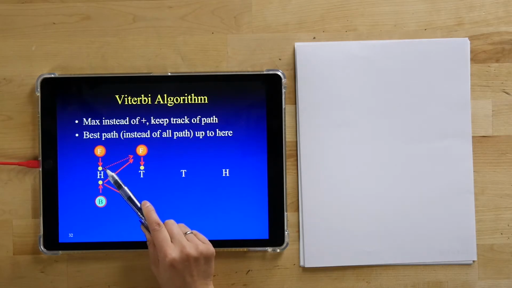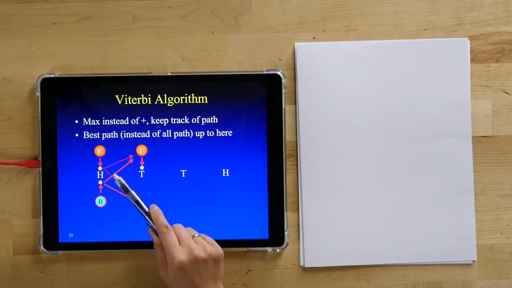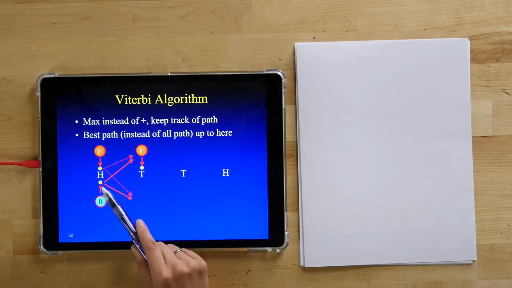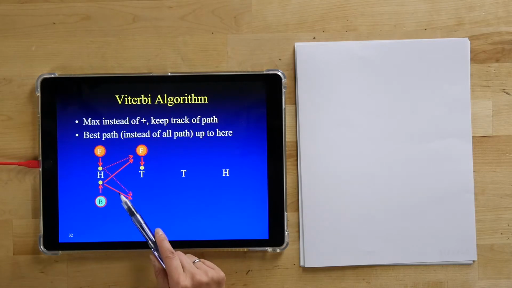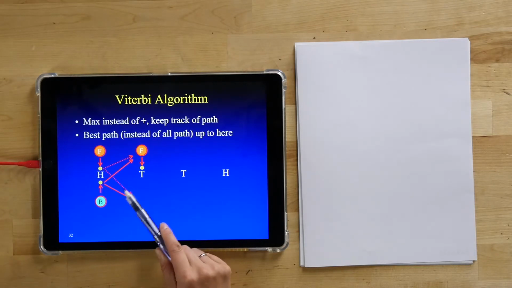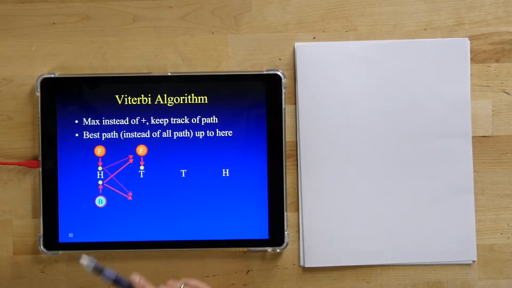So the delta number times this transition, compared with this delta number multiplied by this transition, and I compare these two, and I only keep track of the best one.